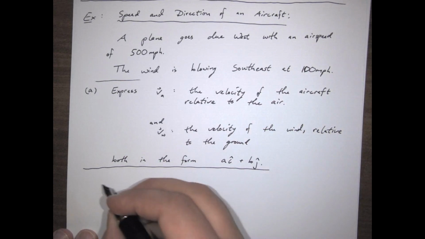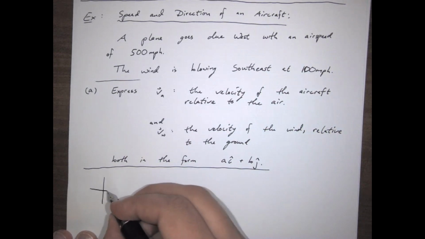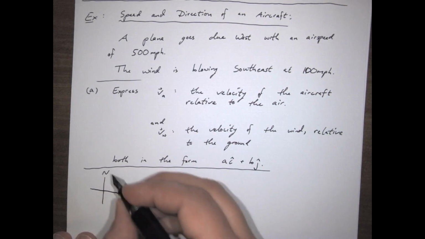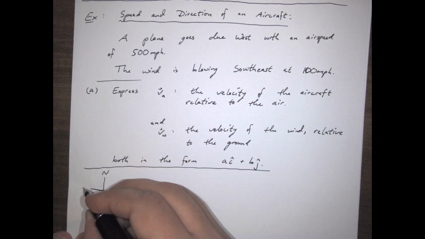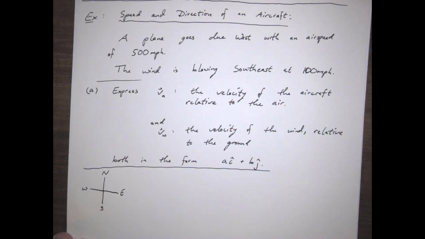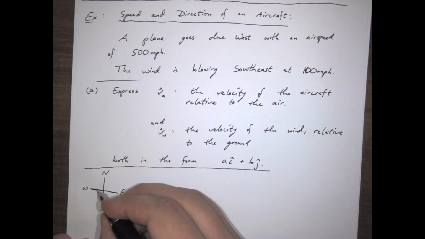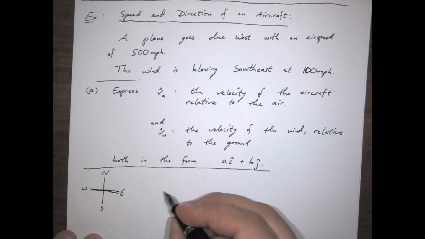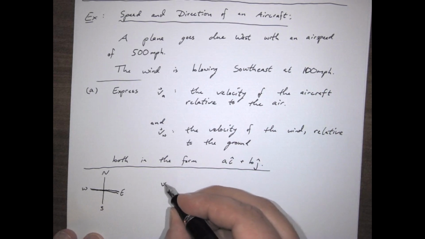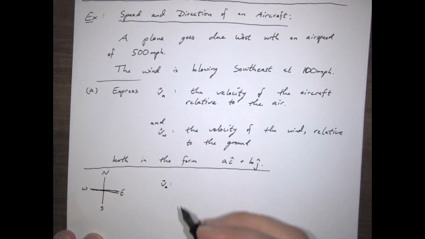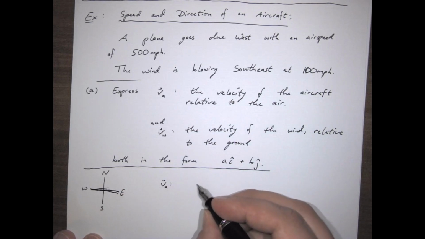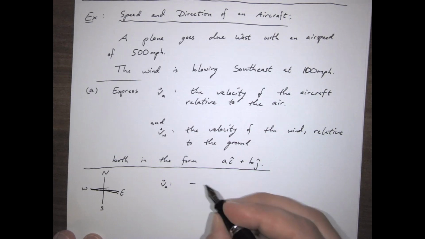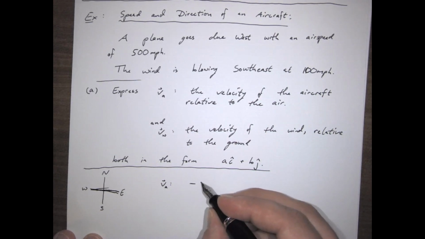Okay, well, first off, most important thing is, so north, east, south, and west. All right, so draw yourself a little compass first off. Okay, so the plane. We can actually see right there that this is just going to be directly west. So that's just going to be negative 500i.